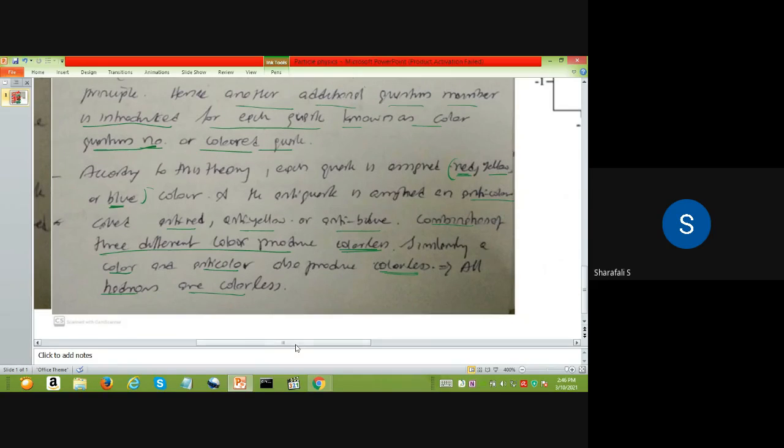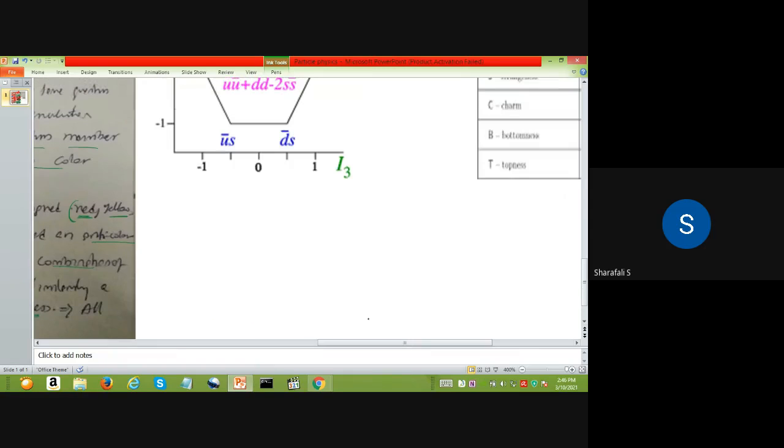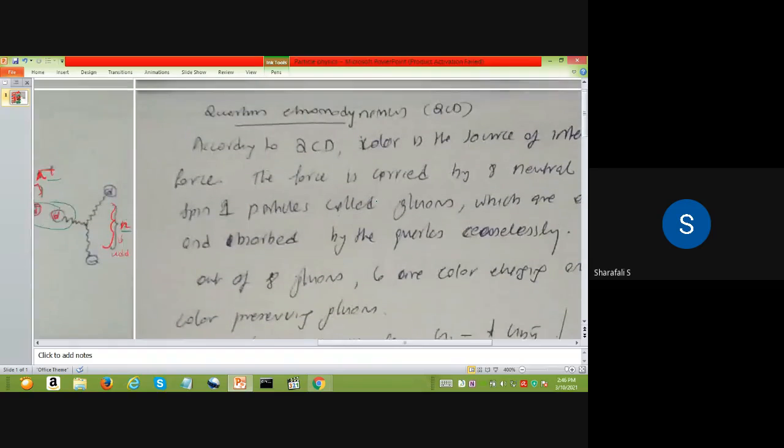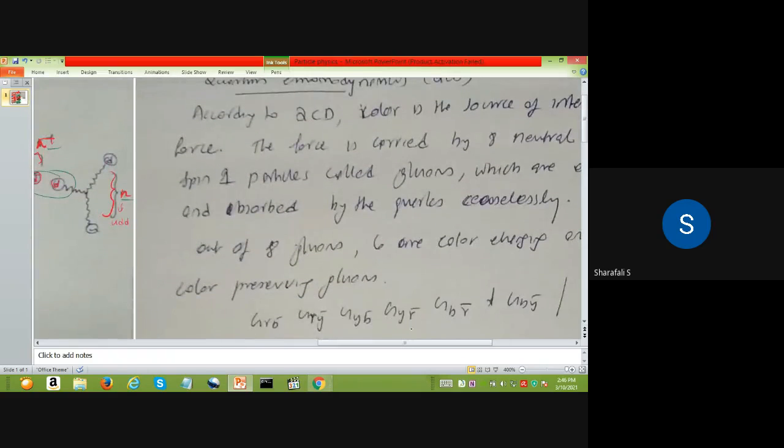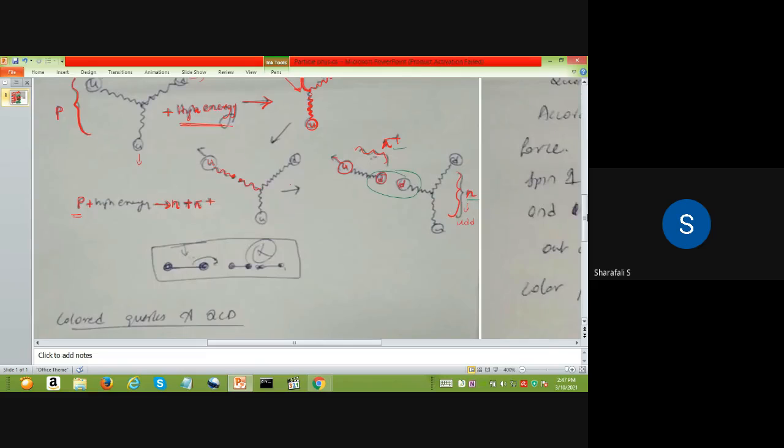I will explain that by using this chrome. So that is about the colored quark. I think that is enough.